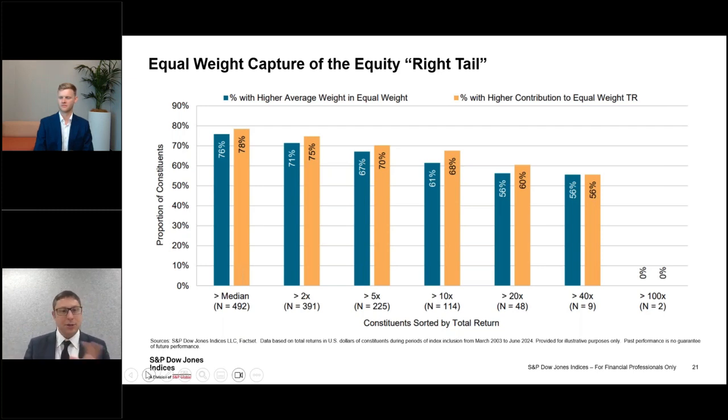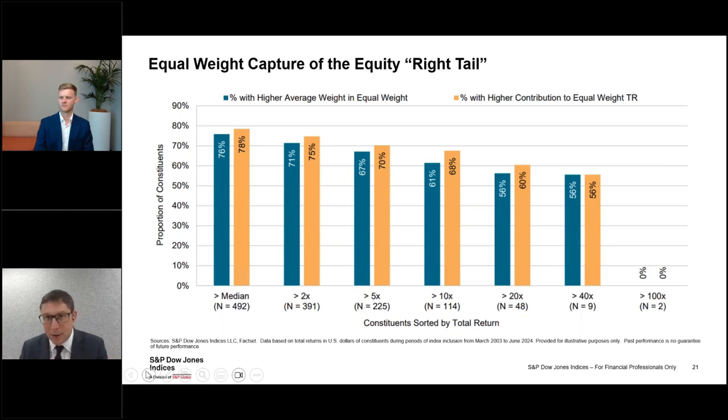So I wanted to show both, but they tell a similar story. What was the average weight in these heroes, and how much did they contribute to the index return? And for the 492 or so stocks that were above median, equal weight had a higher average weight, got a higher contribution. For the 2x, 5x, 10x, 20x, and 40x, equal weight had a higher allocation, harvested, if you like, a higher proportion of their returns.